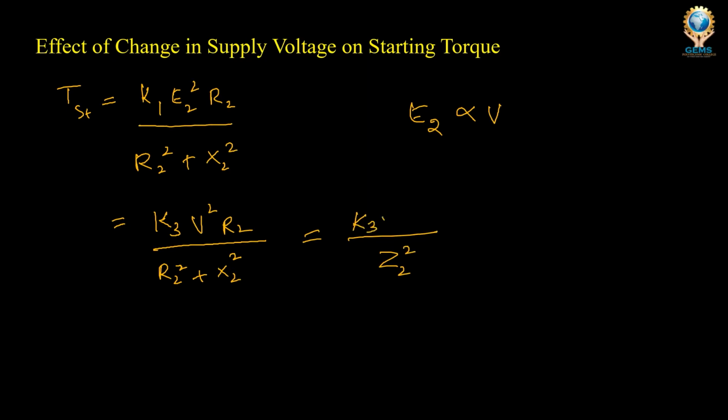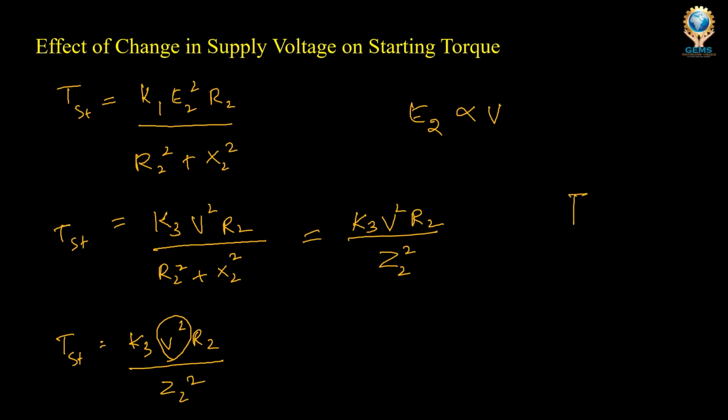So the starting torque is K3 V square R2 divided by Z2 square. Here you see that R2 is constant. So the starting torque is directly proportional to V square.